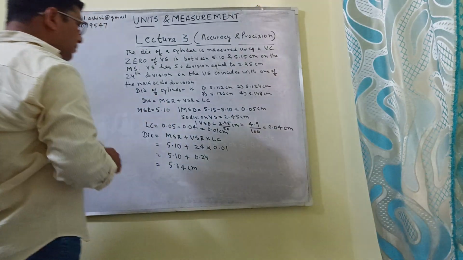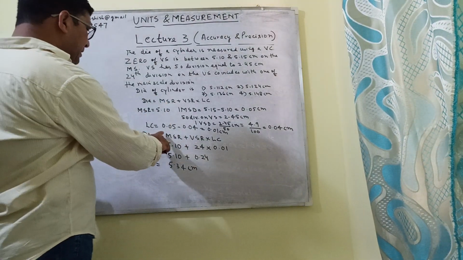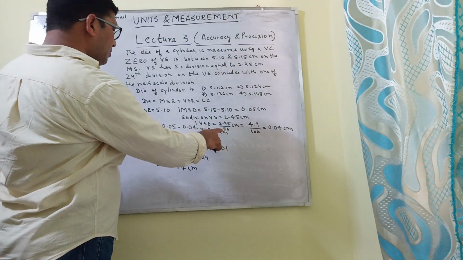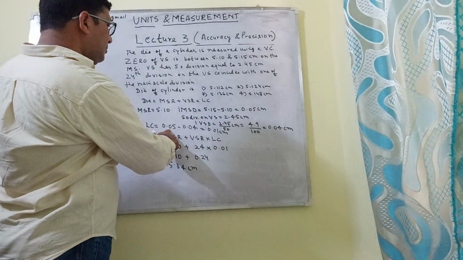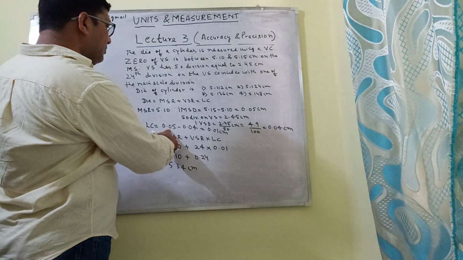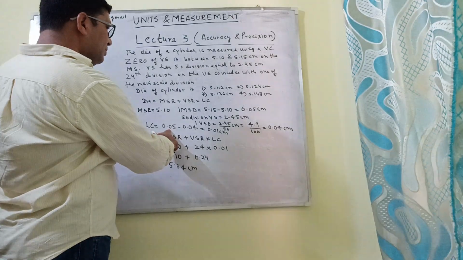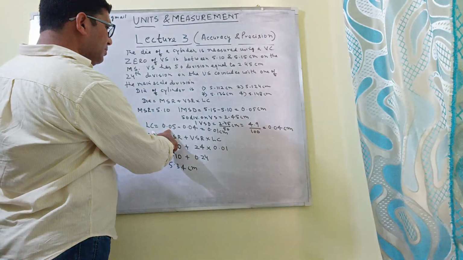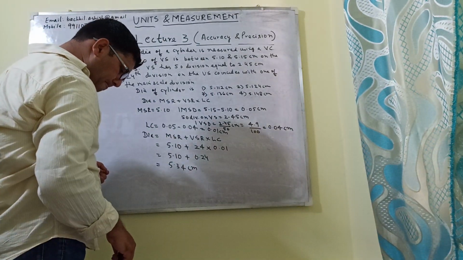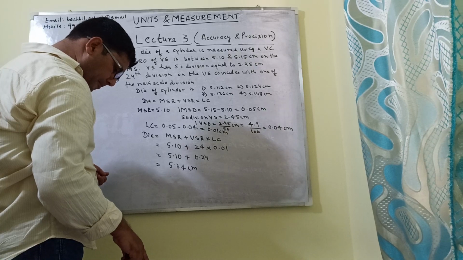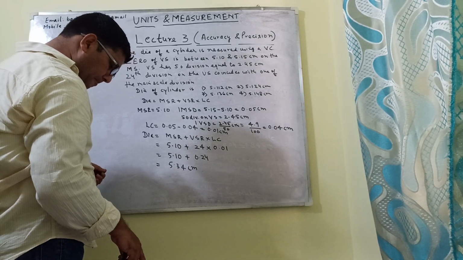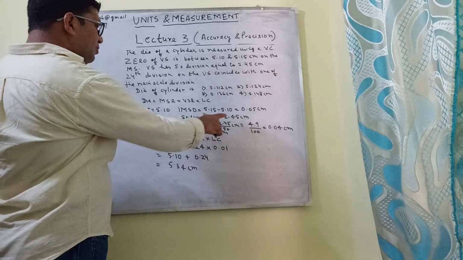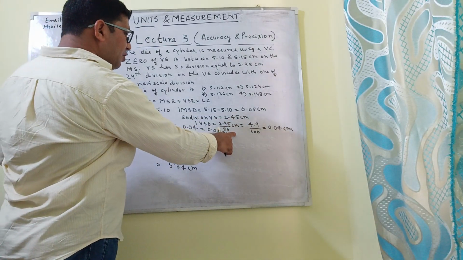I think I have made some mistake here, because what is this count? This count will be equal to 0.1 main scale division is equal to, that is equal to 0.05, and this is how much?